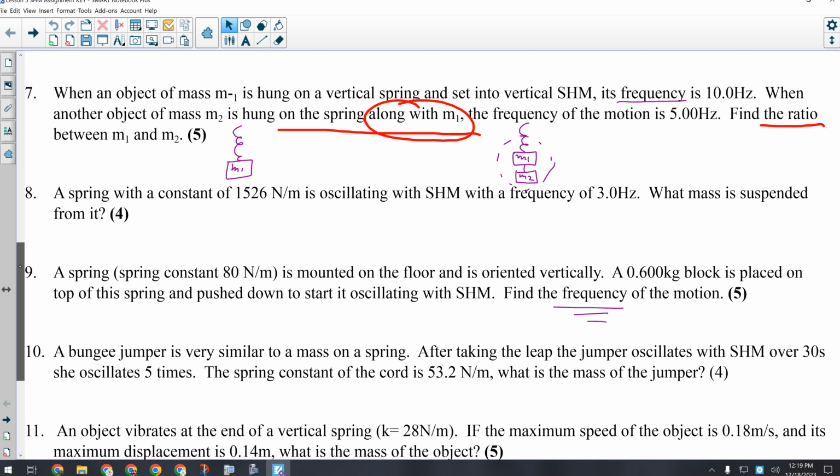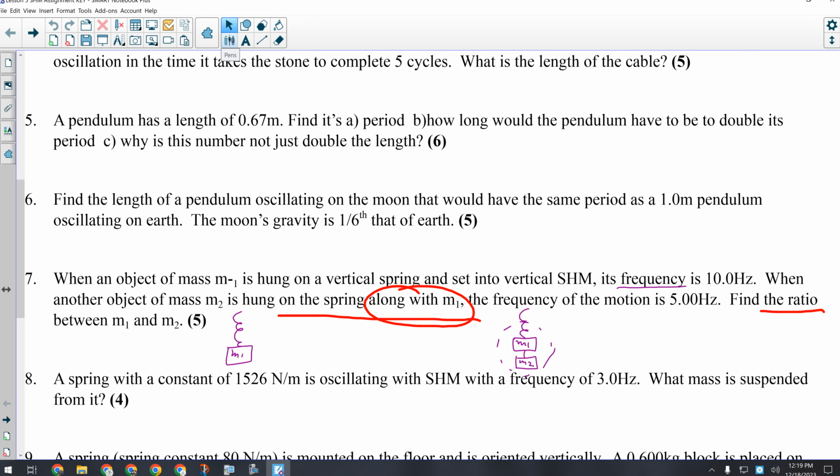This is where mass on a spring questions start. In the first situation, mass 1 and only mass 1 is hanging on the spring. Mass 1 is on the spring, and it is set into simple harmonic motion. Its frequency, not its period, its frequency is 10 hertz.